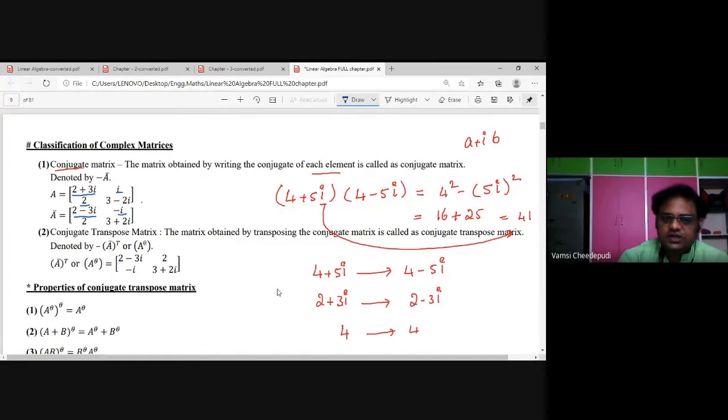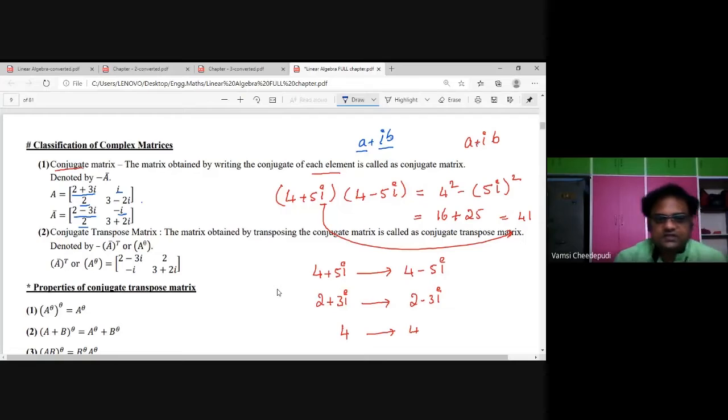The conjugate of 2 is 2 only, because it is a real number. i is purely imaginary. The general form of a complex number is a plus ib, and ib is a purely imaginary number with no real part. If you take a also, then there is a real part and an imaginary part, a complex number.